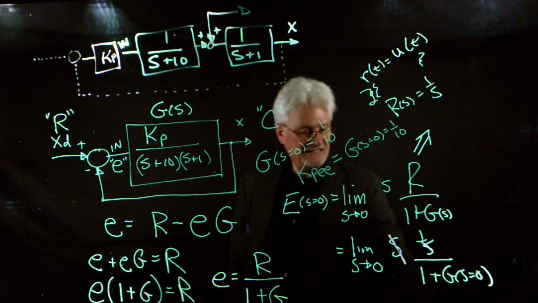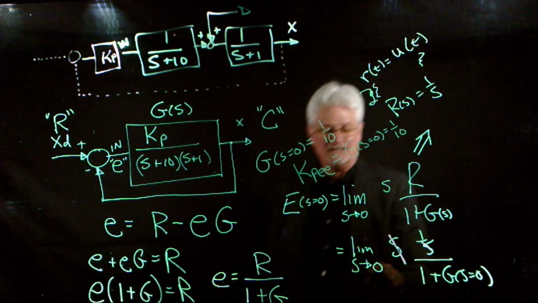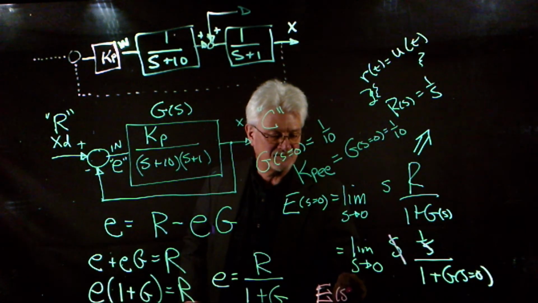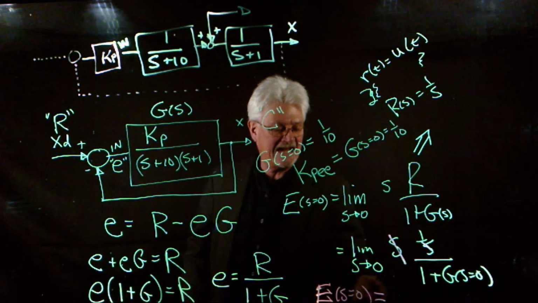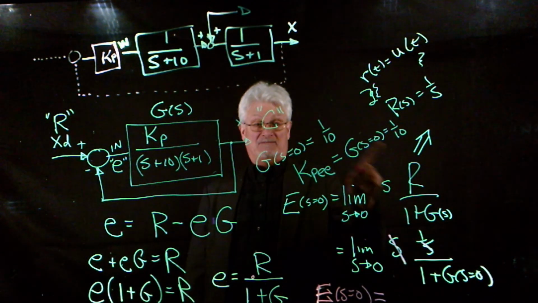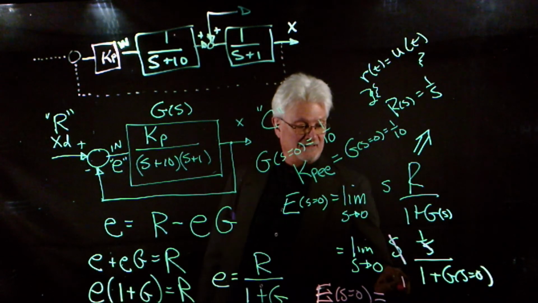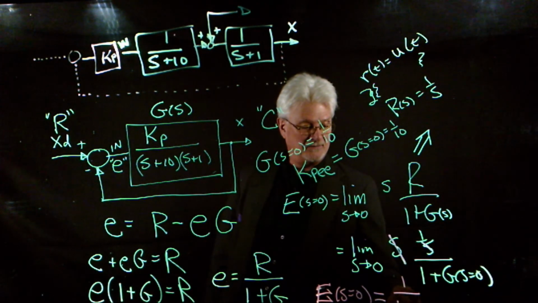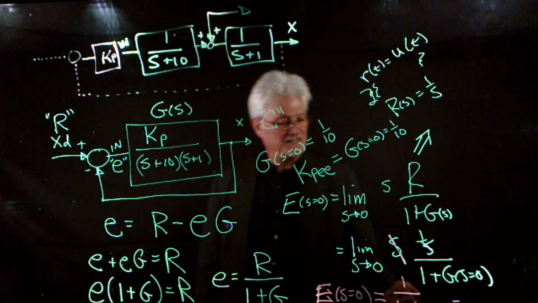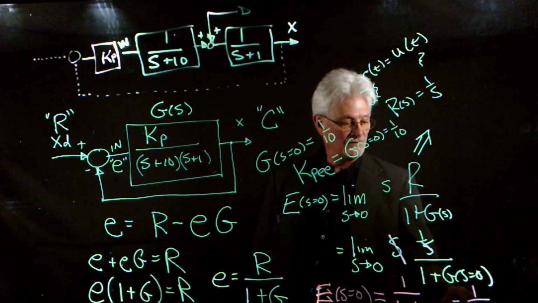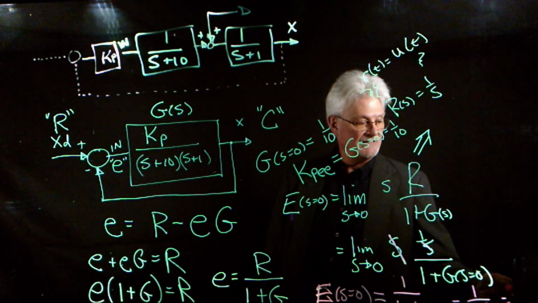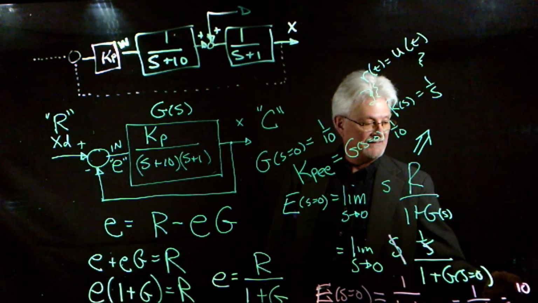And that means that our overall error, E of S equals 0, the steady state error for this particular system, is going to be 1 over 1 plus KP, which is 1 over 1 plus 1/10, which is 10 over 11.